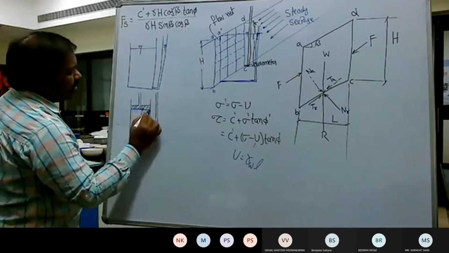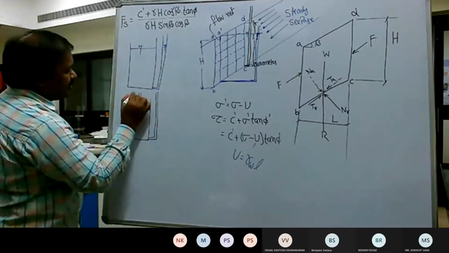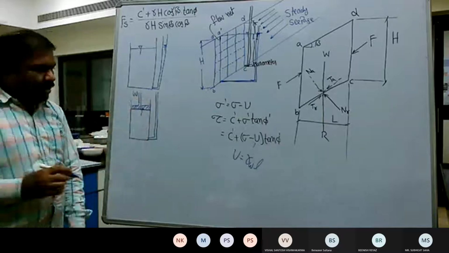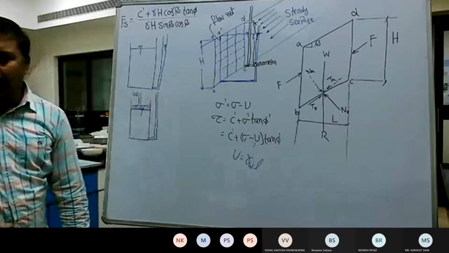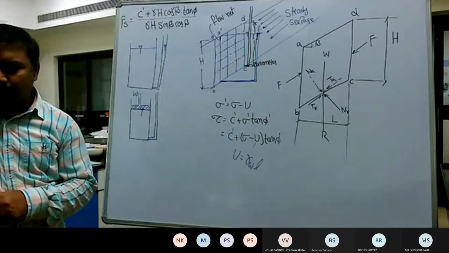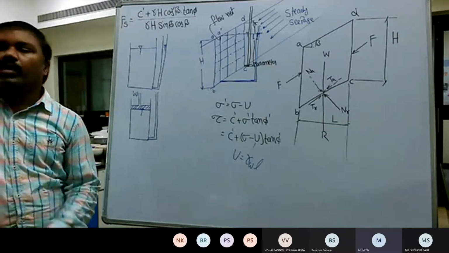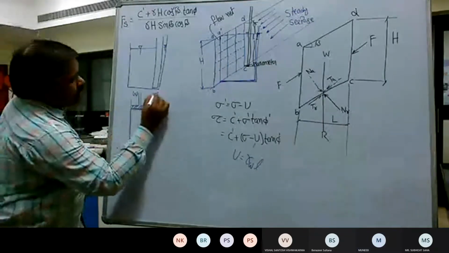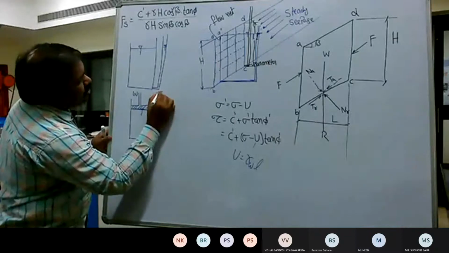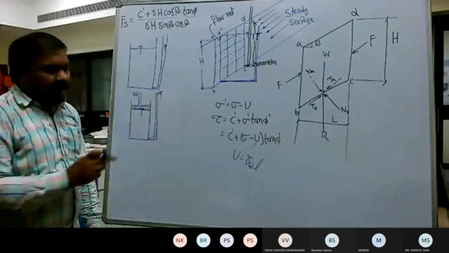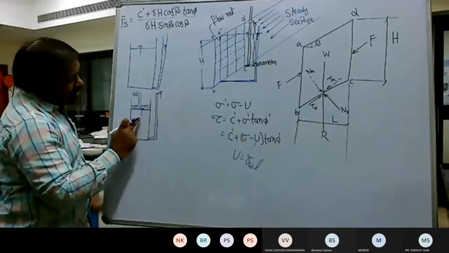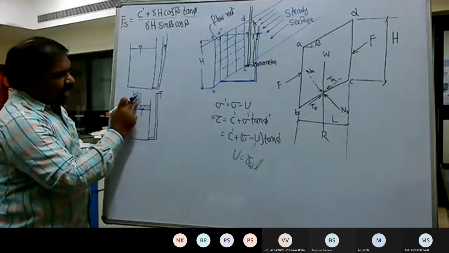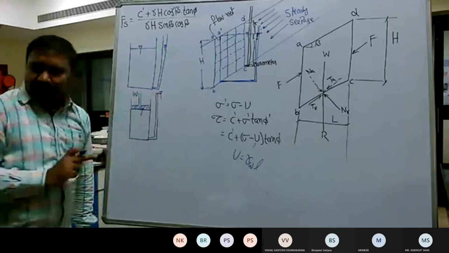This is the water level, and this is the surcharge weight, some dead weight. So up to what level does the water rise? Greater than the water table. So here, say up to this point. This is because of the self weight of the water as well as the additional surcharge weight W.